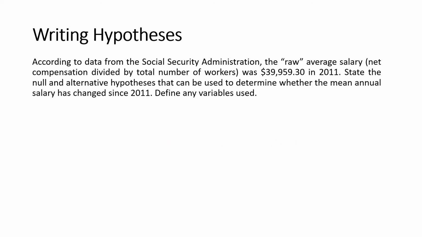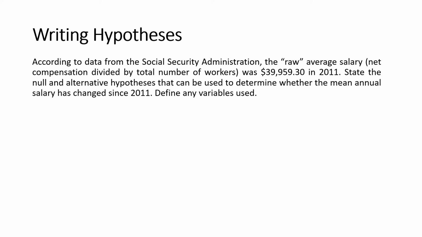Last one of these. According to data from the Social Security Administration, the average salary was $39,959.30 back in 2011. State the null and alternative hypothesis that can be used to determine whether the mean annual salary has changed since 2011.